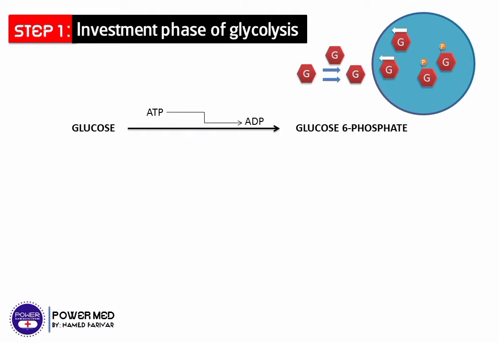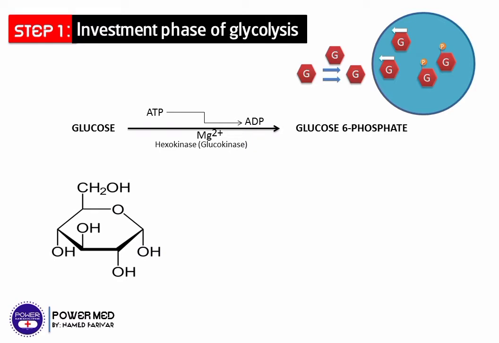This reaction is irreversible, and the reason why is that energy is spent here. The enzyme catalyzing this reaction is hexokinase, more specifically you can say glucokinase. This enzyme necessitates magnesium ion for its activity.